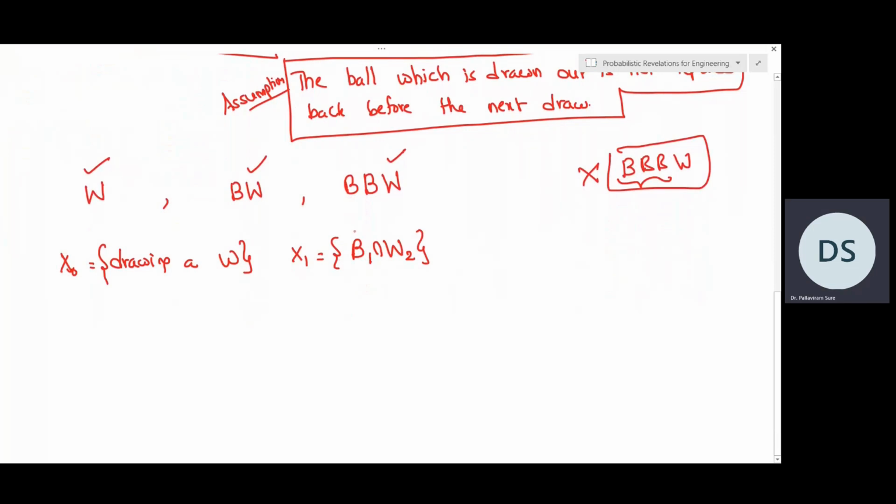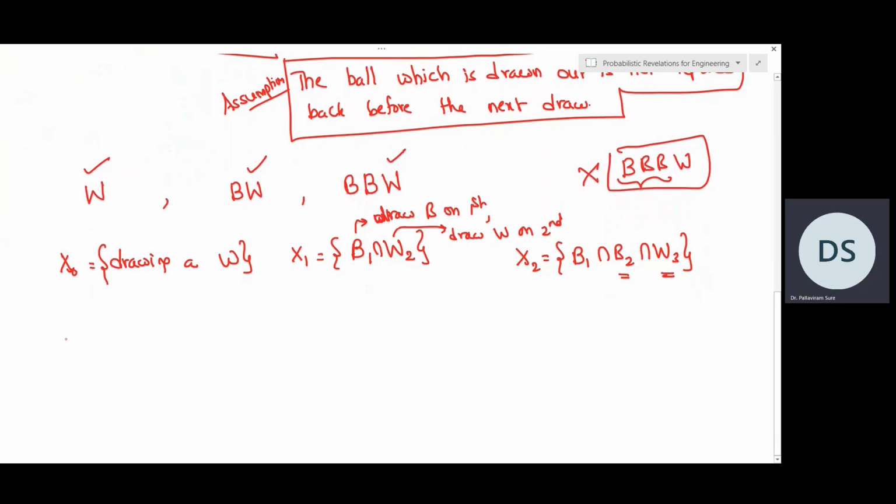That means B1 stands for drawing black ball on first draw, and then W2 stands for drawing white ball on the second draw. So similarly, let us say X2 stands for B1 intersection B2 intersection W3. So B1 stands for black ball on the first draw, B2 stands for black ball on the second draw, W3 stands for white ball on the third draw.